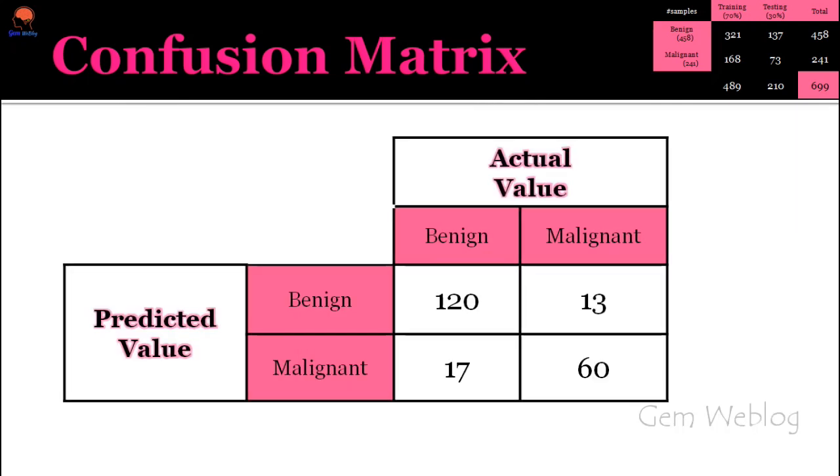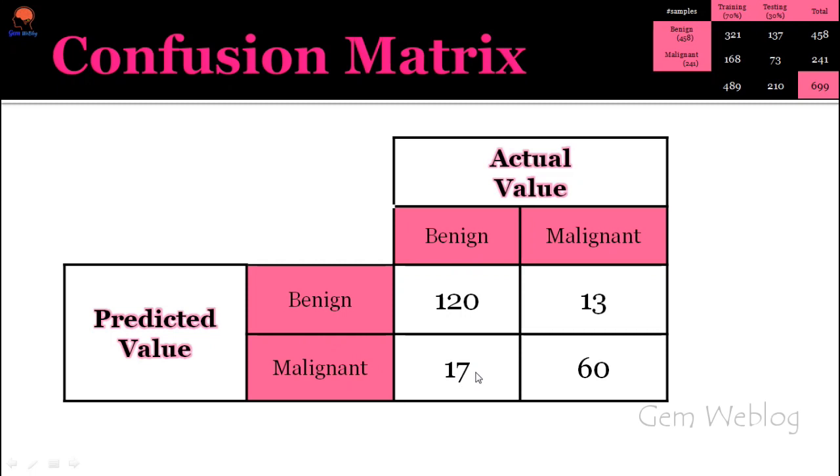Now, the data has been populated in the confusion matrix. Out of 210 samples, 120 samples that belong to the benign class have been correctly classified as the benign class by the ML model. 13 samples that belong to the malignant class have been incorrectly classified as the benign class by the ML model.